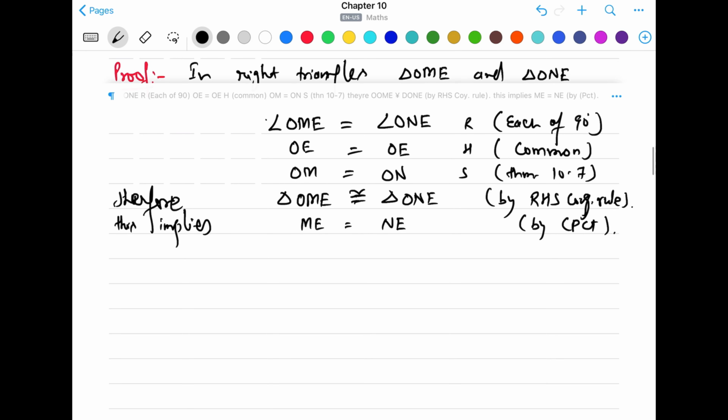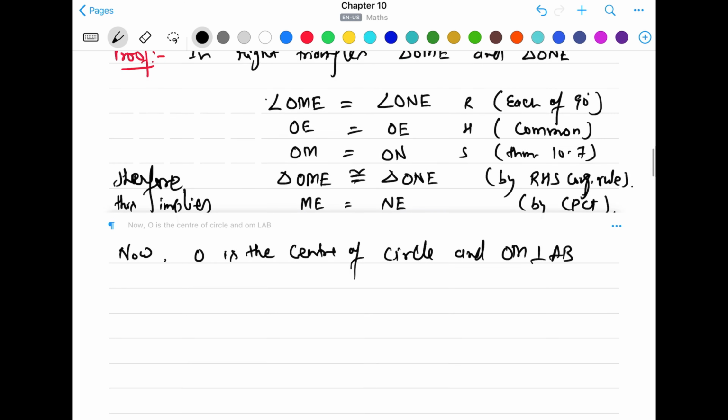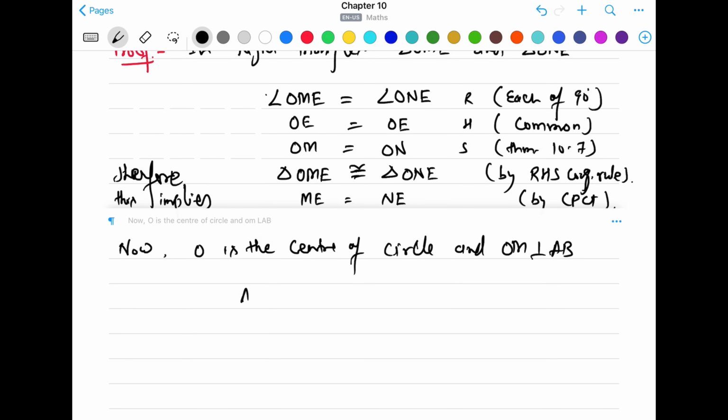Okay, now what we're going to do is, now O is the center of the circle and OM is perpendicular to AB. That means this point M is bisecting the chord AB, which gives us that AM is equal to half of AB.